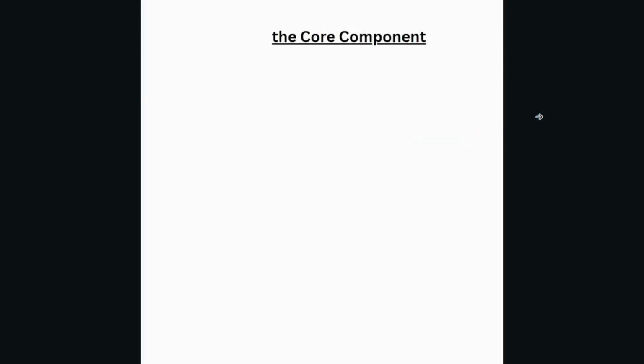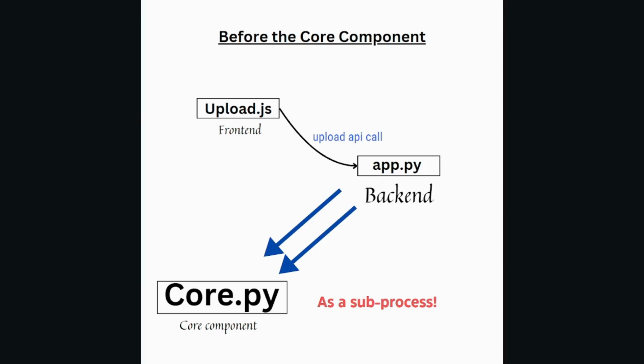Before talking about the core component, we will talk about the front end and back end API calls and communications. As I've already mentioned, the front end is built using React. We have a file called upload.js at the front end, which makes an upload API call to the app.py file present in the backend.